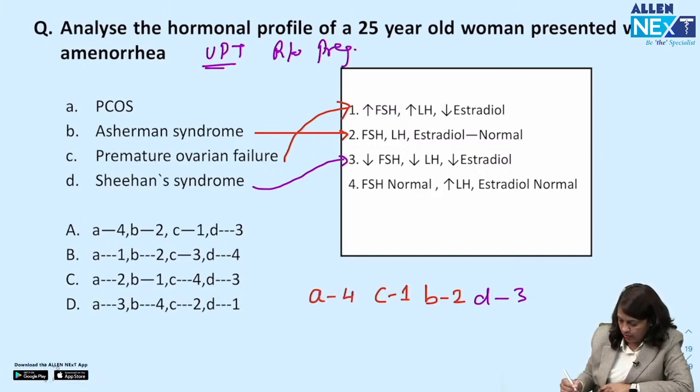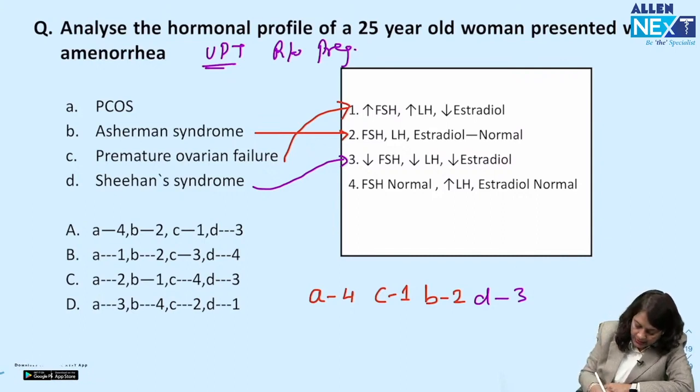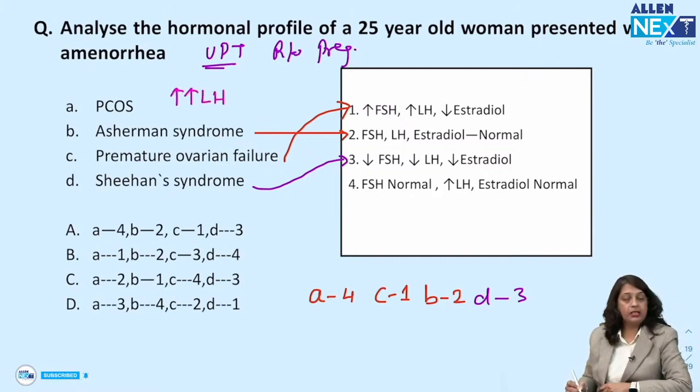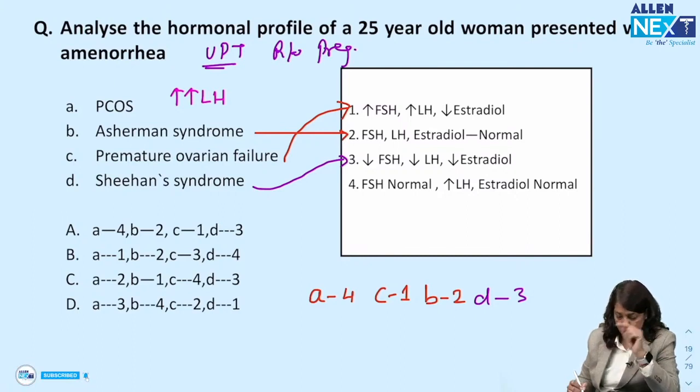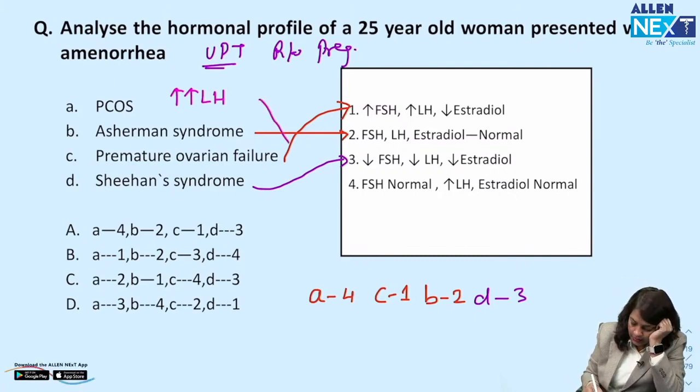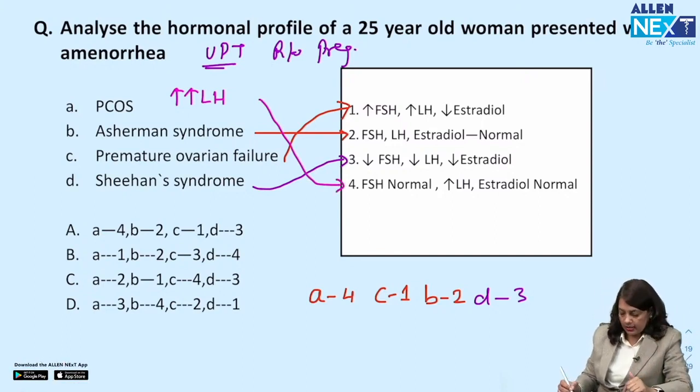A is 4. Let me remind you, in case of PCOS, it is the LH level which is high and there is a progesterone deficiency. FSH and estradiol levels may be normal. Okay, so it is eugonadotropic eugonadism. So PCOS is this one. Fine. So what is the correct match?